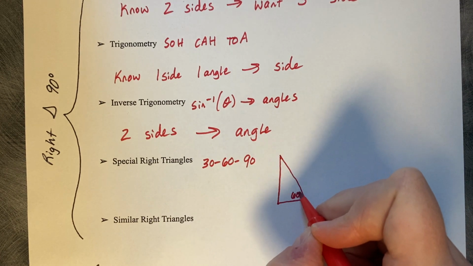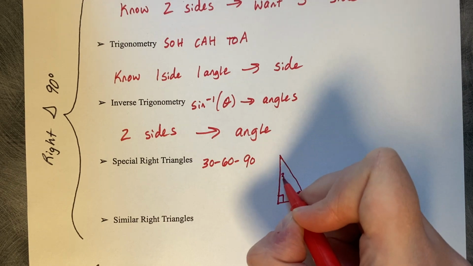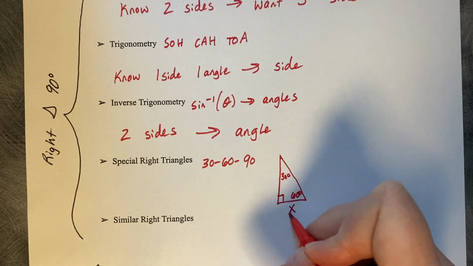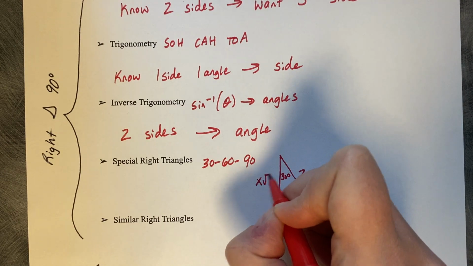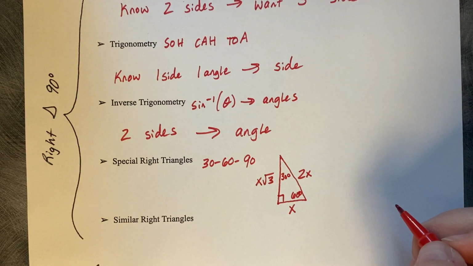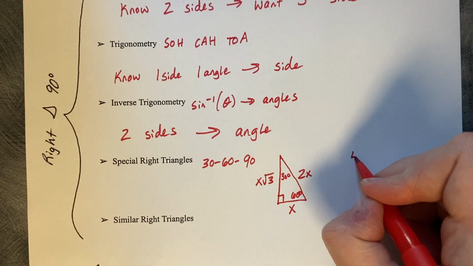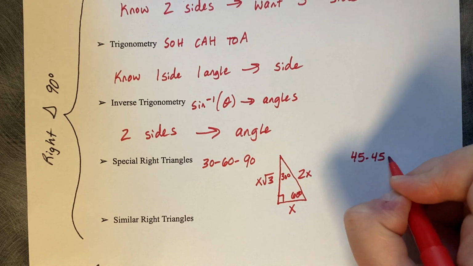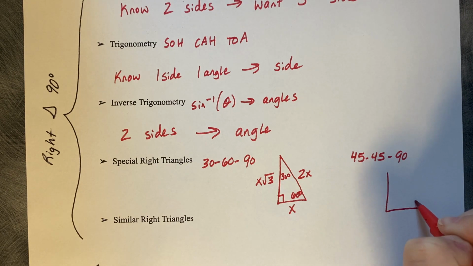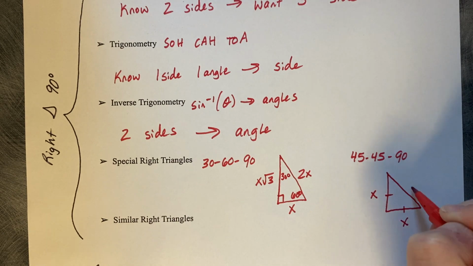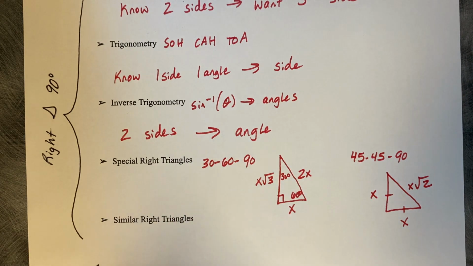So this is our 60, our 30. So if this is x, this is 2x. This is an x root 3. Our second special right triangle is a 45, 45, 90. So these two sides are congruent, x and an x root 2.